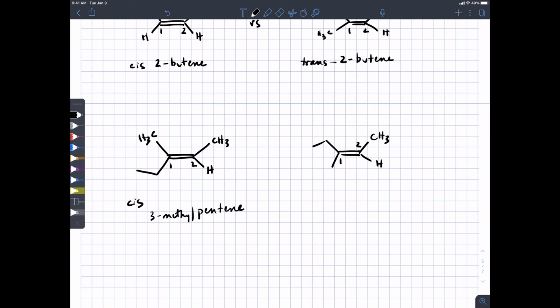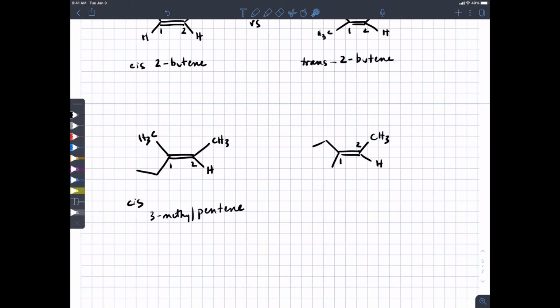They might also interpret it another way. So we need a new system. Similarly, if you tried to call the one on the left trans-3-methylpentene, they wouldn't know that you meant the methyl groups are trans to each other. So we need a shortcut way of saying that without all of those words. 3-methylpentene where the two methyl groups are cis to each other. That's entirely too many words.